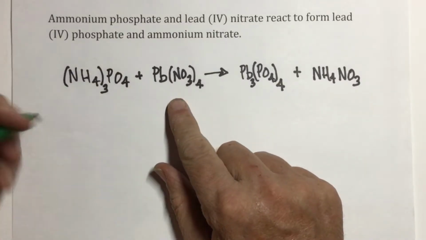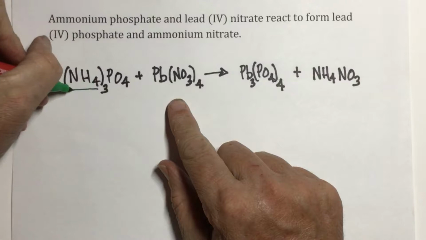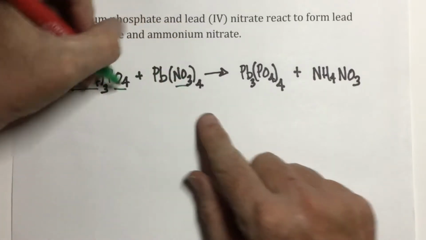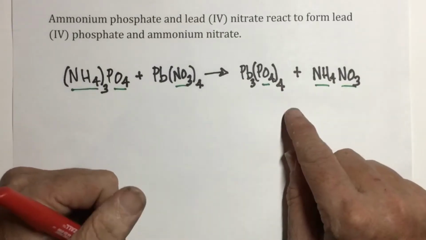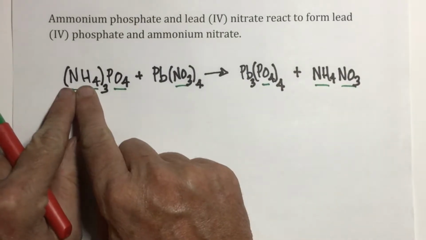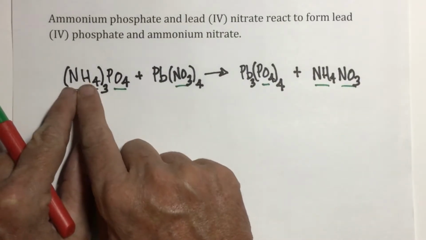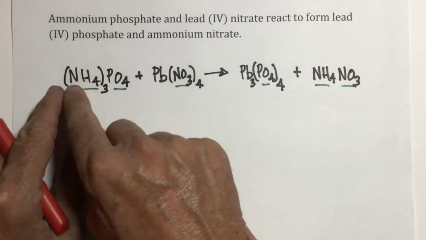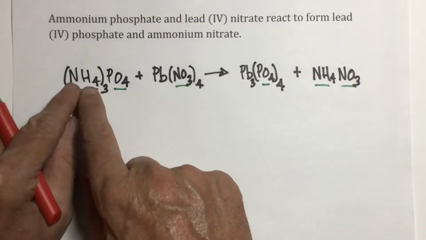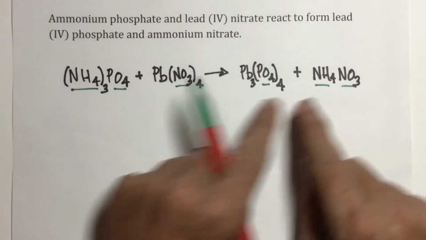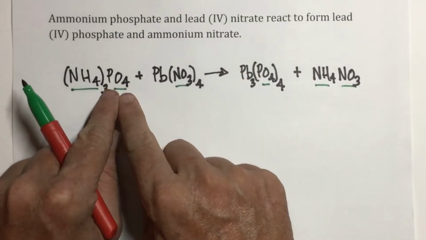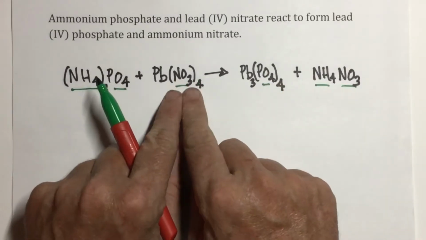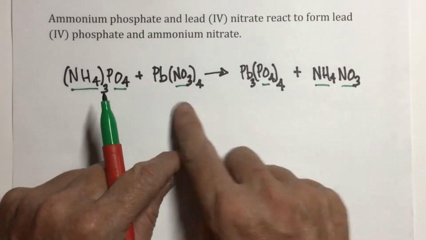One nice thing to do is whenever we have a polyatomic ion, treat it collectively. I don't need to break this down into nitrogen and hydrogens because I have NH4s here and I have NH4s here. That means I have ammoniums here and ammoniums here. Just like I have phosphates here and phosphates here and nitrates here and nitrates here. So I'm not going to break it down.